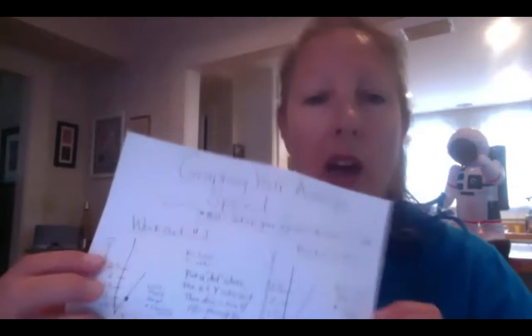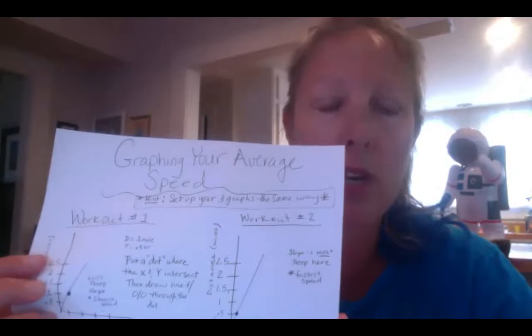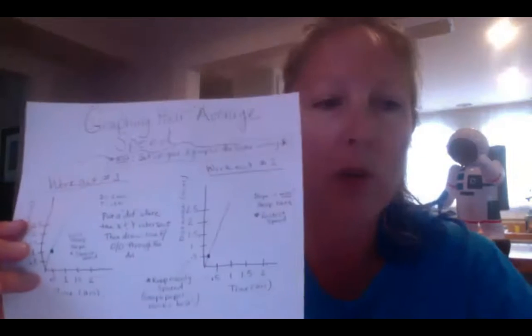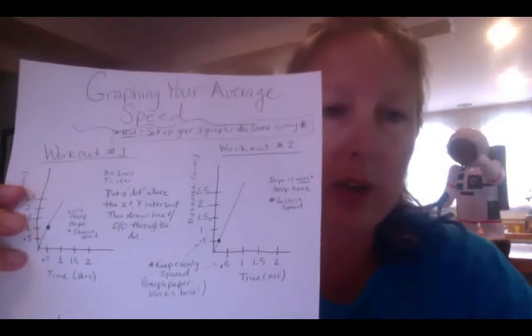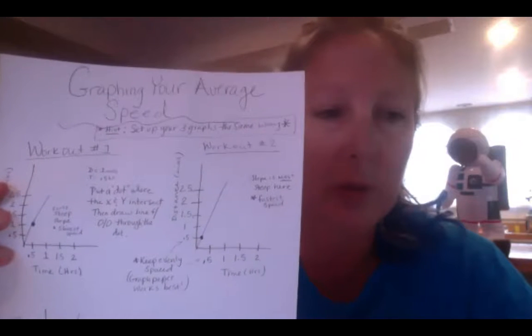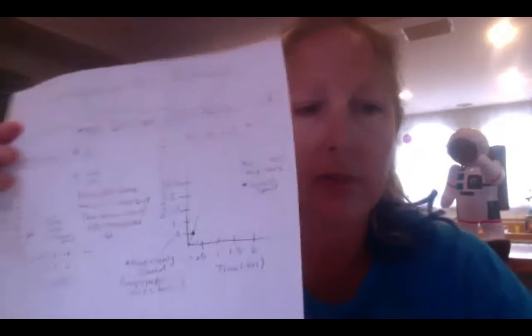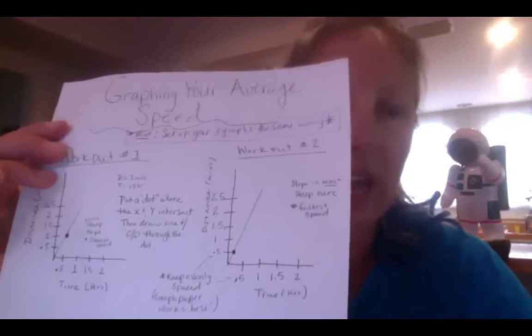Pretty fast. All right. I am hoping we can go on now to our graphing. So now we're going to graph our average speed. You were probably not going a constant speed throughout your workout, but we are going to assume that over your workout, you had this as an average speed.